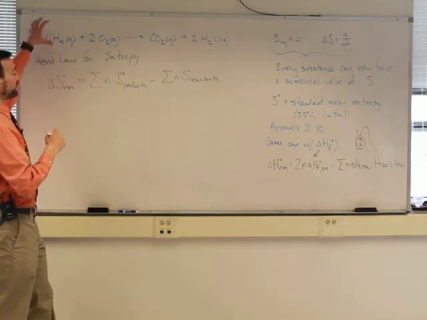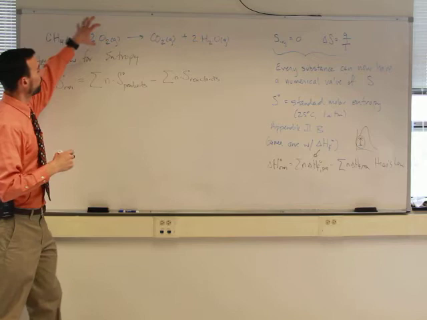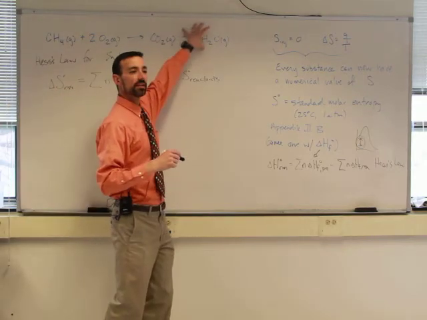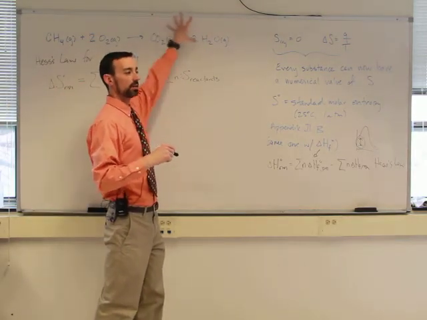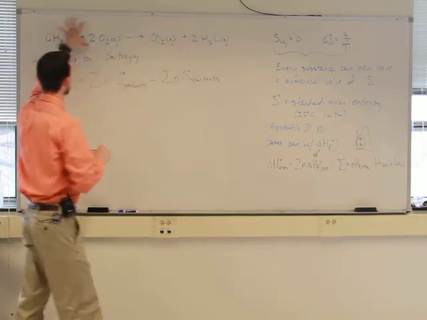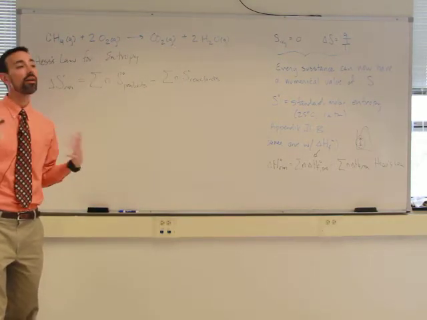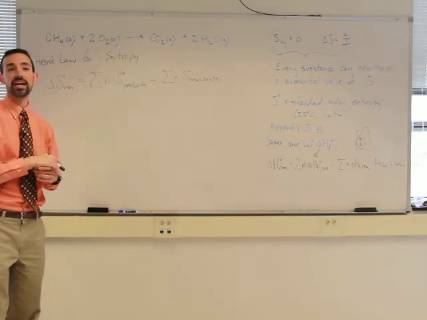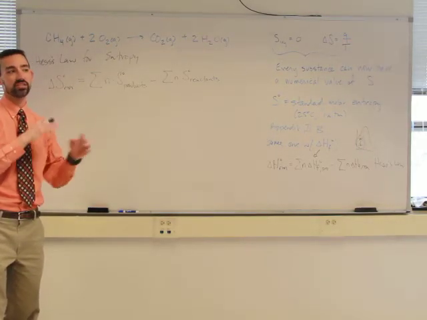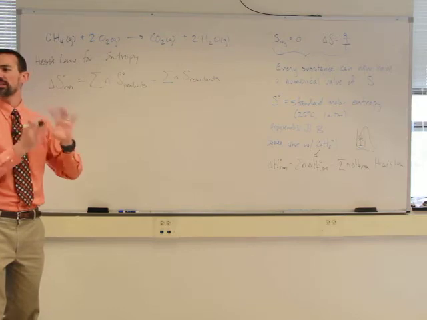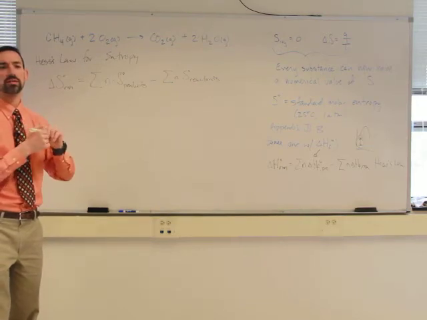So if I can go to Appendix 2B and look up the number for each one of these, I can just add up the numbers for my products and subtract the numbers for my reactants. And we'll get a numerical value for what the entropy change is, rather than just an estimate of positive or negative like we had before.